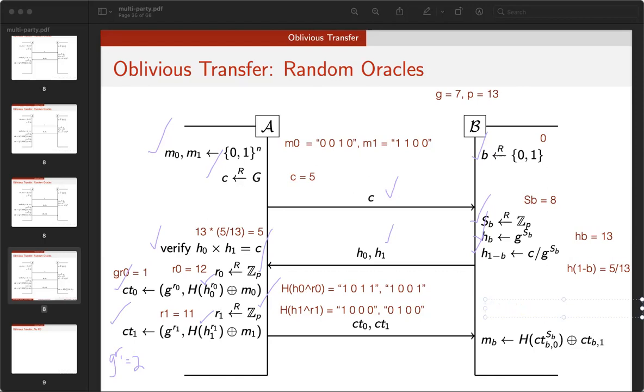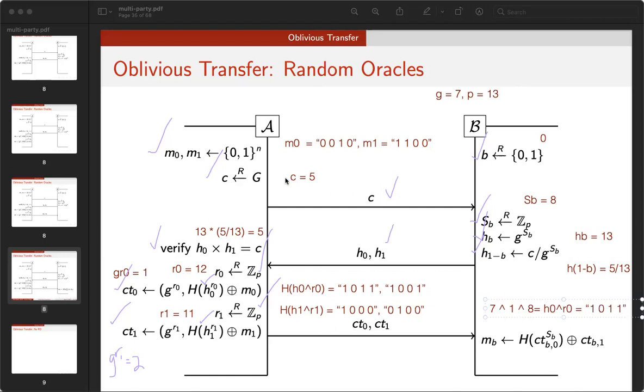So G is 7, so it's really 7 to the 1 to the 8. Take the hash of that, and that should equal H0 to the R0, which equals 1, 0, 1, 1.